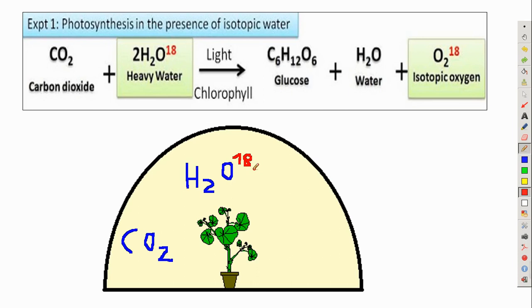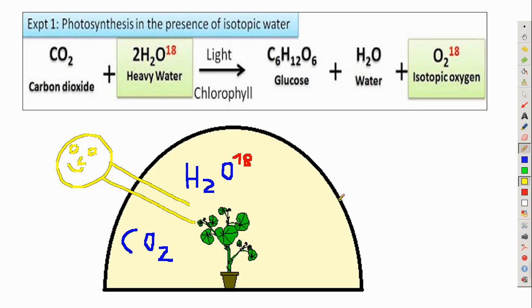Okay, so obviously the plant is going to be exposed to light. So let's do a little sun. So light beams coming in. Okay, so photosynthesis is going to occur normally. So the plant is going to take in carbon dioxide and water, and it's going to produce glucose and dioxygen.